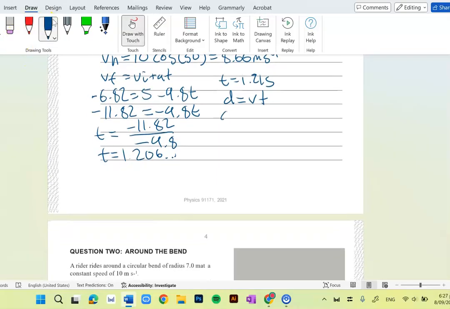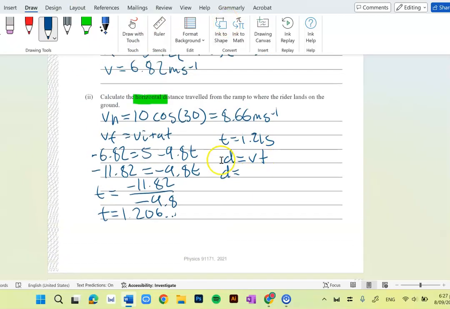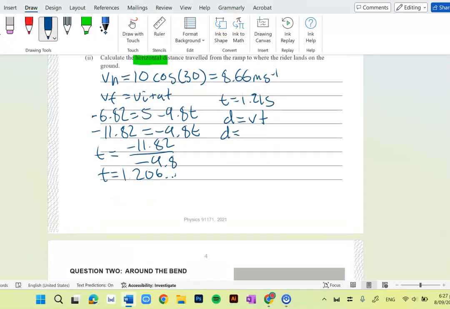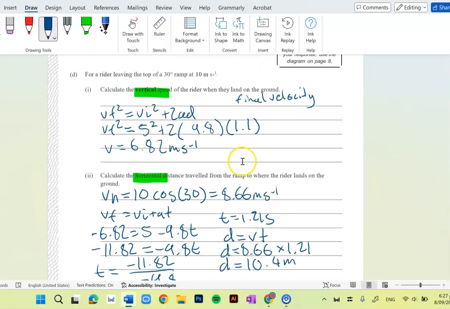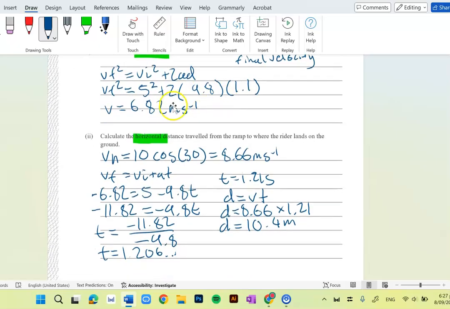So d equals the horizontal velocity, 8.66, that's why we needed to find it, times 1.21. So d is equal to 10.4 meters. Okay, that's it.